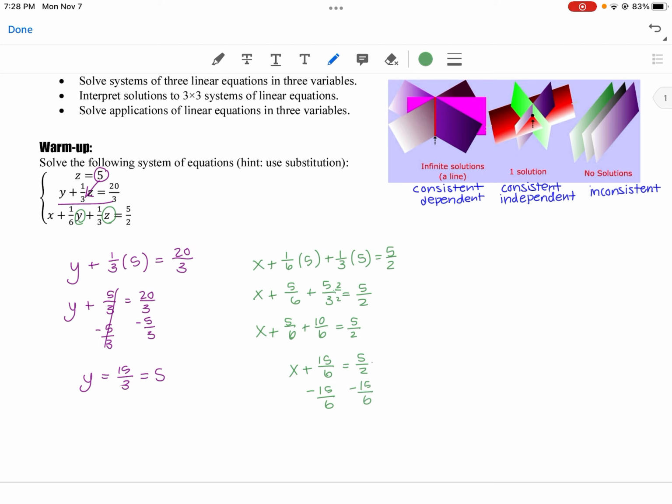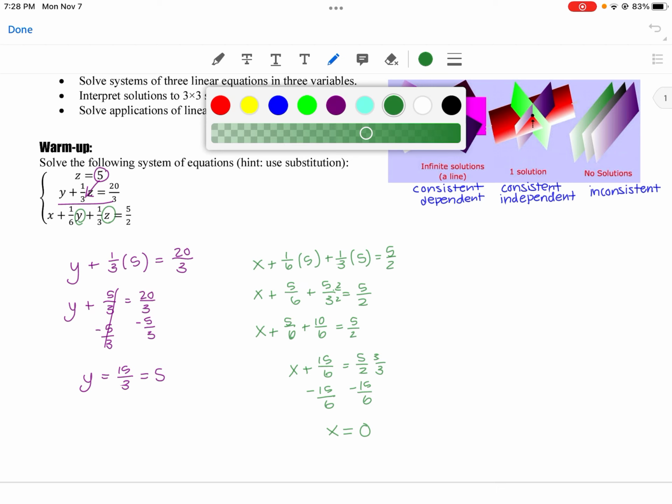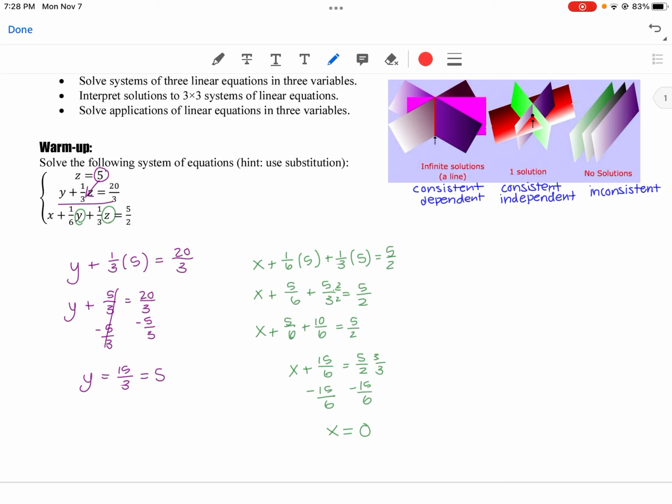Once again, for mental math, think about 5/2 as 15/6 as well. So x equals 0. You can write your answers as x, y, z separately, or otherwise we usually see it as (0, 5, 5), and we would say that this is a consistent and independent system, meaning there's one solution.